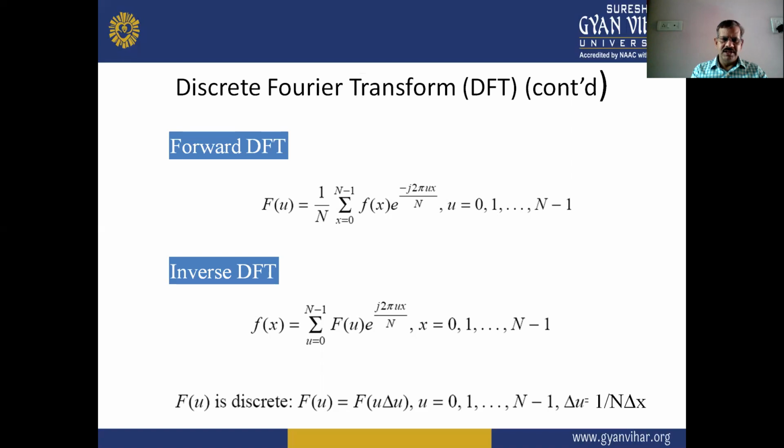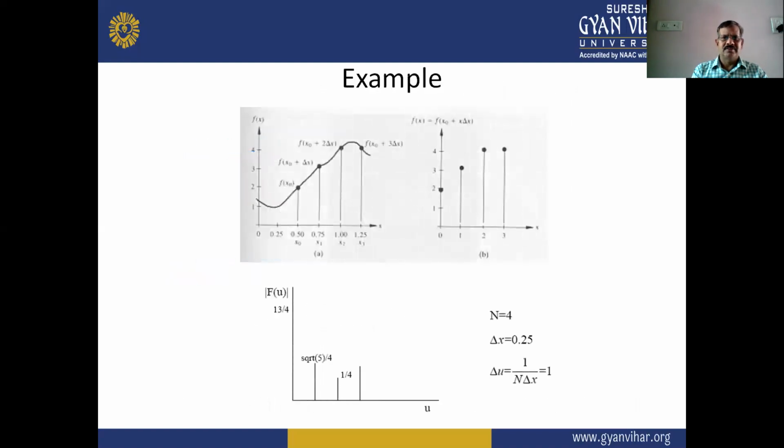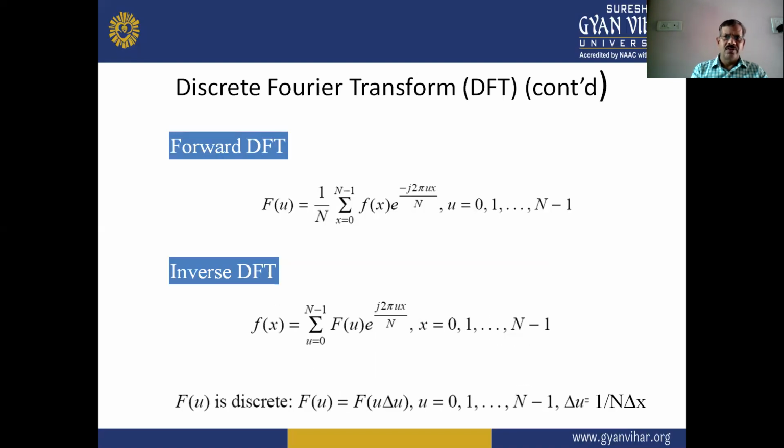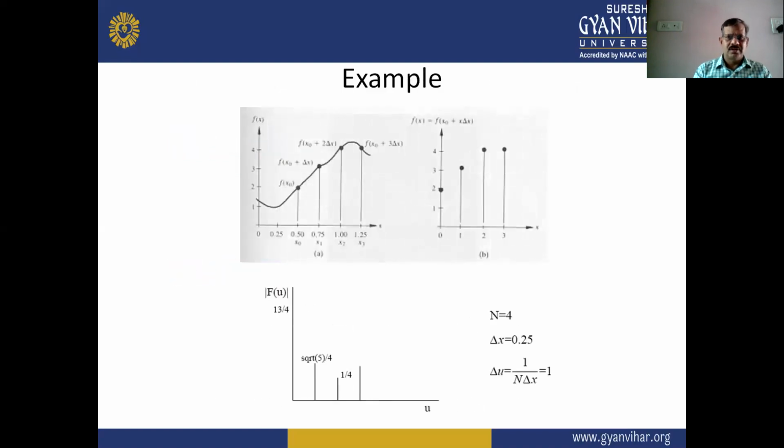F(u) is discrete, so F(u) equals F(u delta u), where u equals 0, 1, 2, 3, up to n minus 1 also, and delta u equals 1 upon n delta x. So these are some examples of the DFT here.